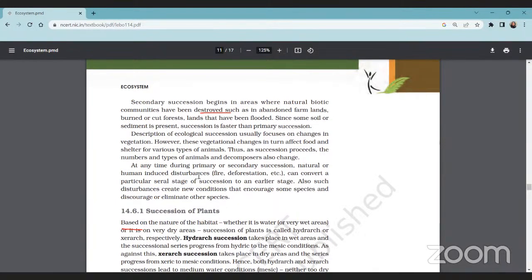In this way, only a few species can live and grow in that area, and the remaining species are eliminated or move to other places.